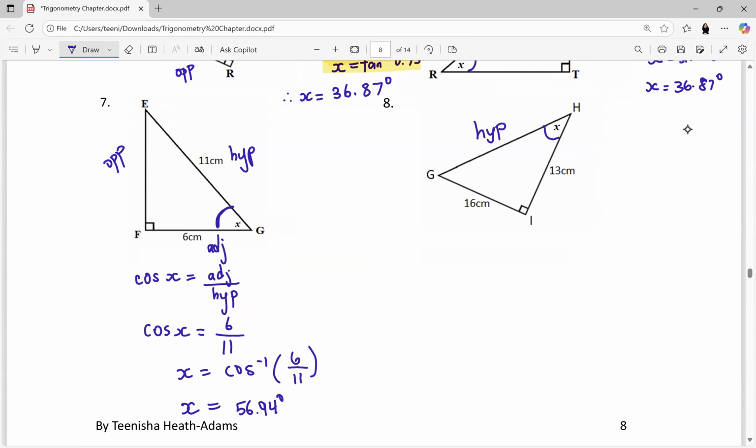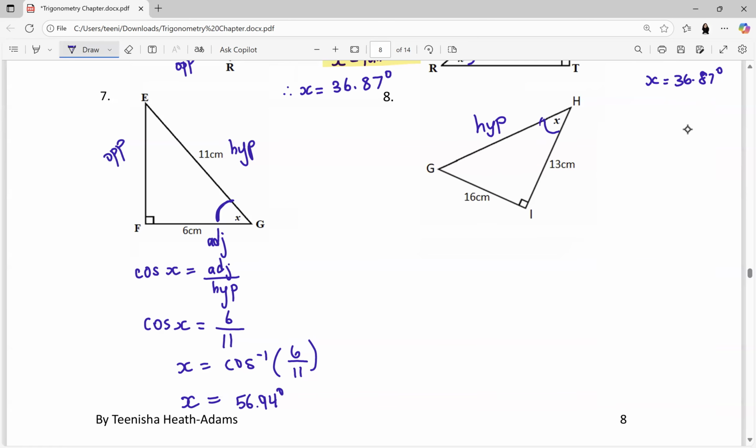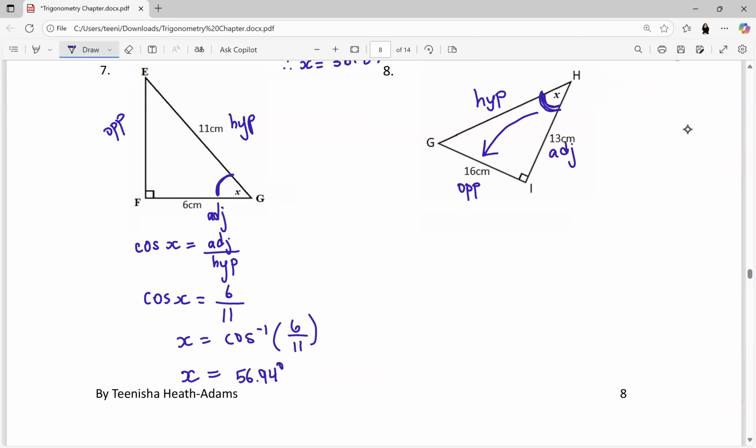HI. No, it'll actually be GI. The opposite side is opposite your angle of reference. You see how your angle of reference is here at H? The opposite side will be here, which is 16, right? And then the other side will be your adjacent. Do you recall which ratio uses the opposite and adjacent?